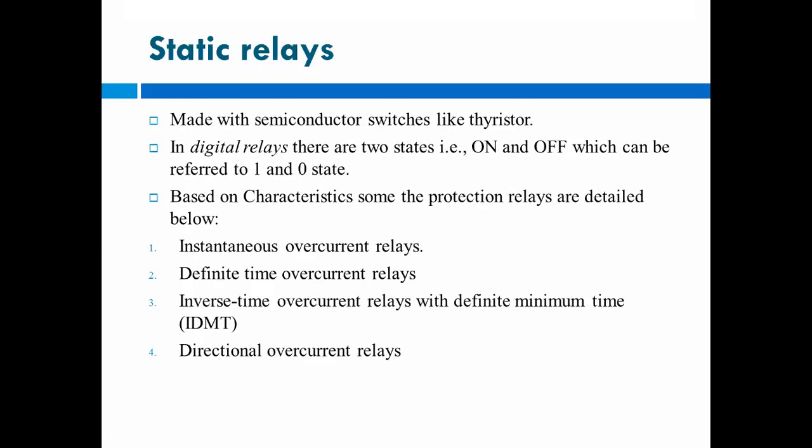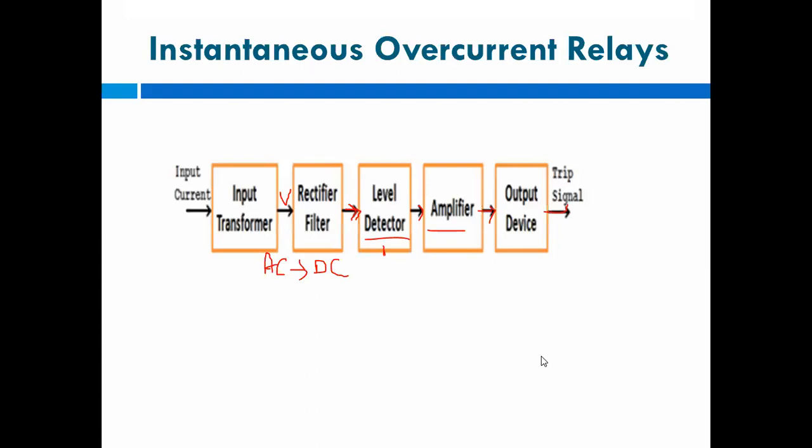So the next point is static relays. Static means constant. Yesterday only we have seen these static relays, right? There are also different characteristics for this static relay, and this is the block diagram of our static relay.